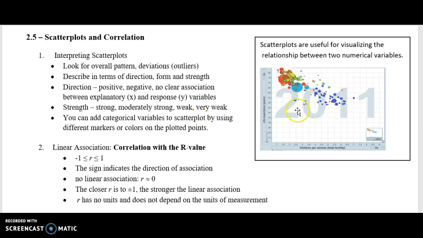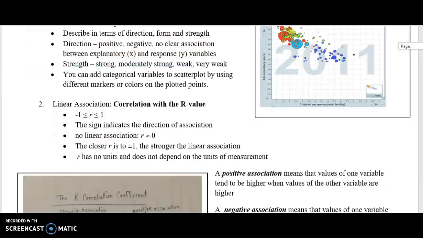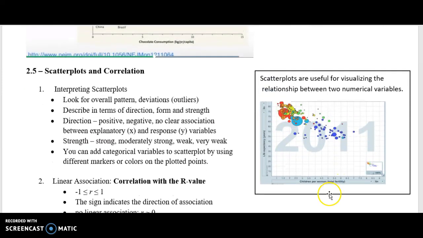So for example, this actually did come from gapminder.org. Again, that's where you'll find the video for Hans Rosling. But this is measuring number of children per woman. Basically, that's what they're calling total fertility. And the year is 2011. And on the vertical axis, the response is life expectancy in years.